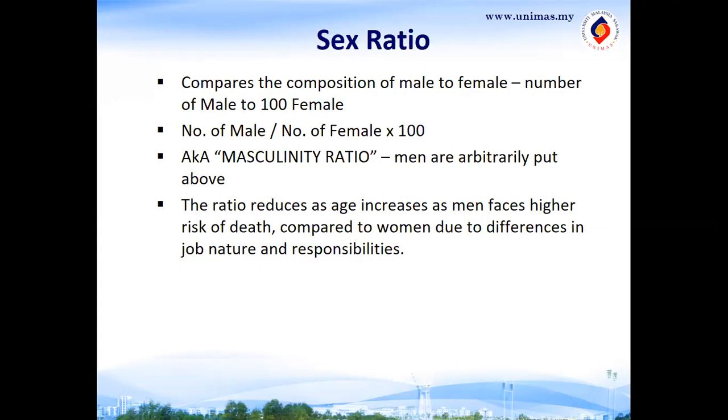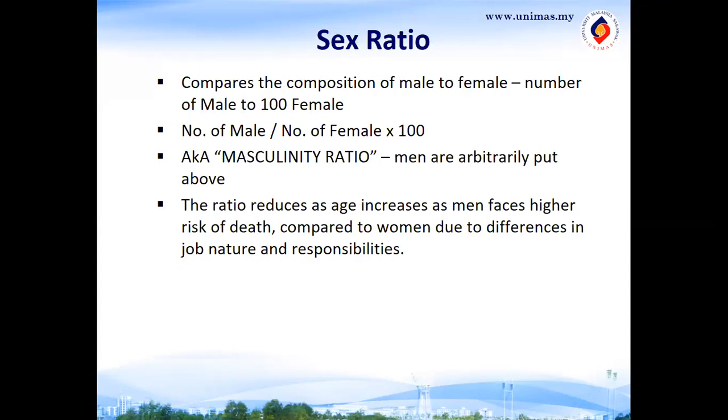For example, men tend to take up more risky jobs, risiko yang tinggi, bekerja di tempat where the risk is very high. Tapi women kurang sikit terlibat dalam bidang-bidang tersebut. So that contributes to early death among men, and that is why the lifespan on average for men tends to be lower compared to women.